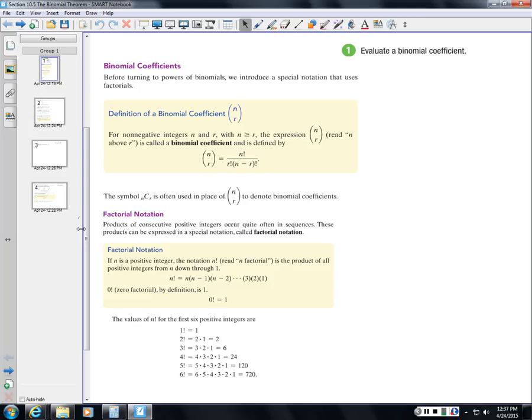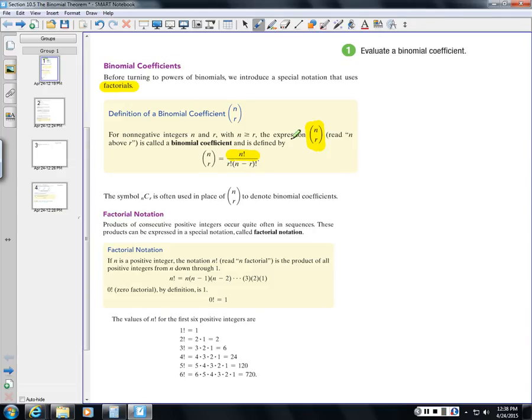Now, we have a definition here of a binomial coefficient, and you have in parentheses this n and this r, and of course that is read n above r. This is called a binomial coefficient, and what this actually means is n factorial. That's that word I said that's going to be some new symbols and notation.